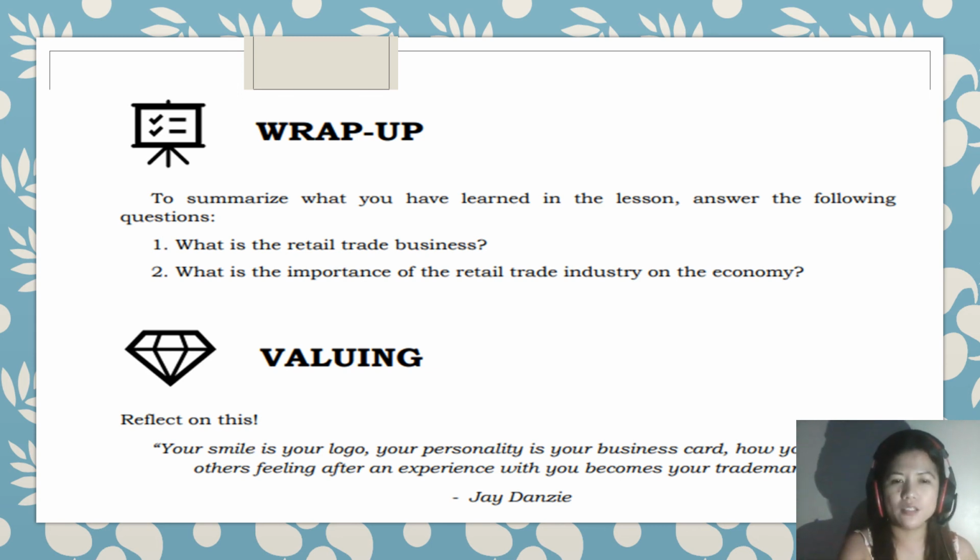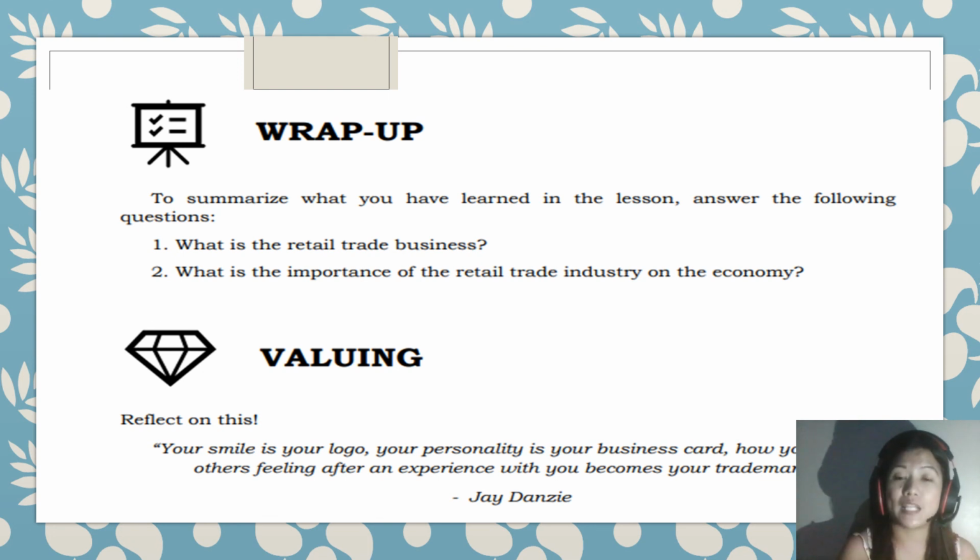About valuing, sabi dito, reflect on this. Your smile is your logo. Your personality is your business card. So how you appreciate others' feelings after an experience with you becomes your trademark. So ganito yan. Kung paano daw tayong ngumiti, ito daw yung nagsisilbi nating logo, palatandaan of who we are.